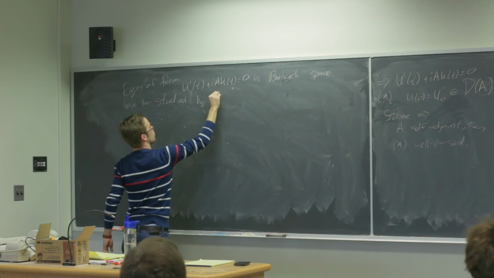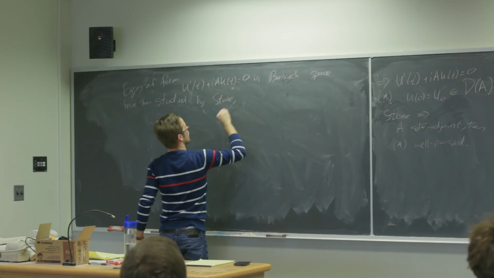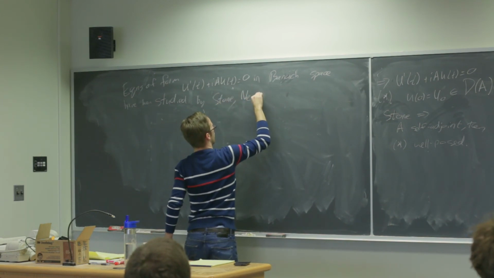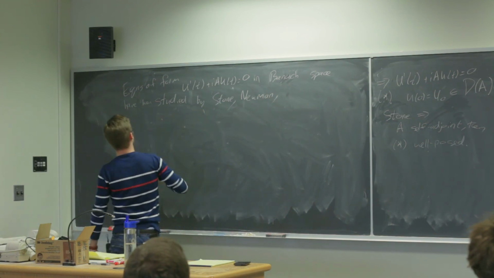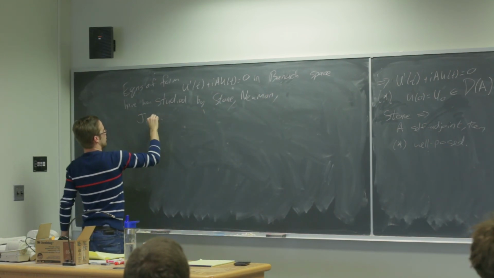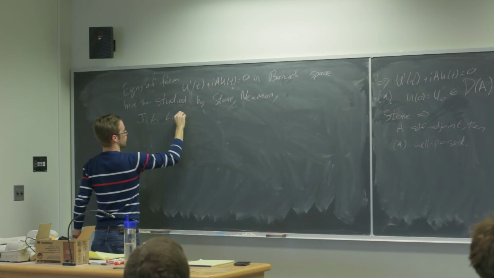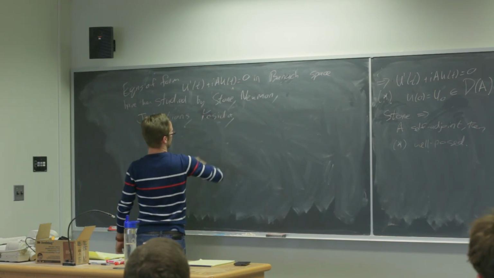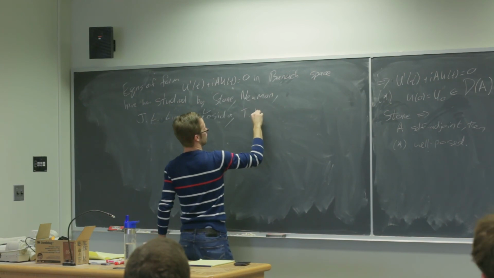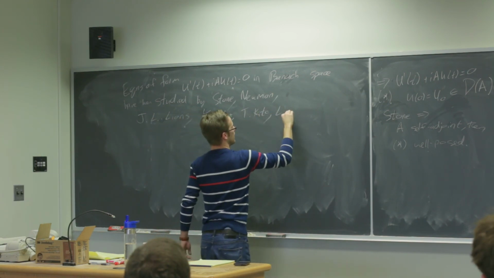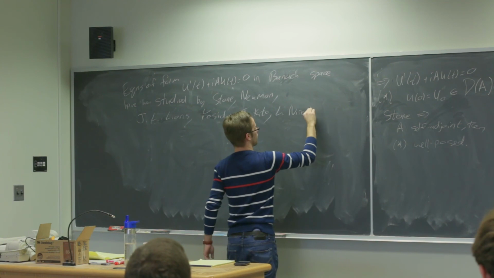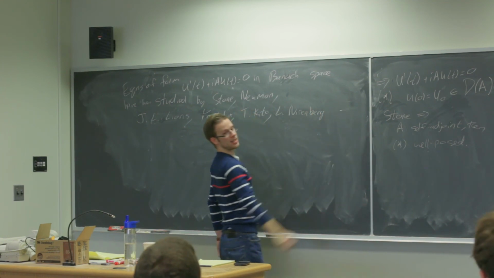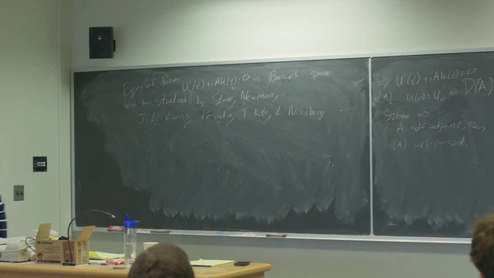Again, first by Stone, and then Neumann, and then in the 50s and 60s came along Jacques-Louis Lions, Yoshida, Toshio Kato, Nirenberg. So lots of analysts have papers on equations of this form in a Banach space, where they study, for example, the spectral properties of the underlying operator A.